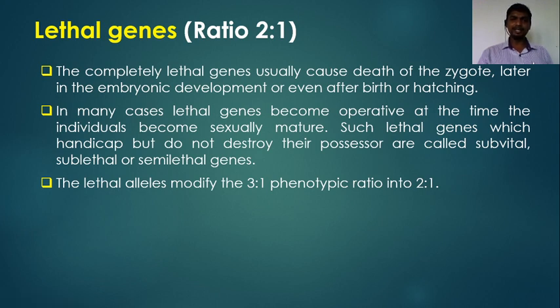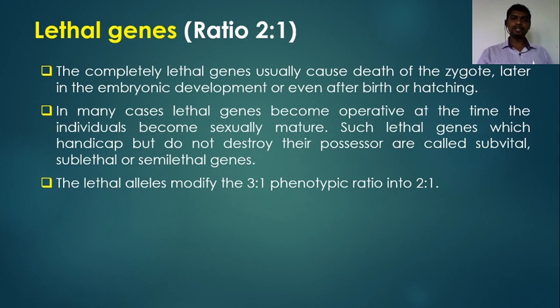In many cases, lethal genes become operative when the individuals become sexually mature. Such lethal genes which handicap but do not destroy their possessor are called subvital or sublethal or semi-lethal genes.